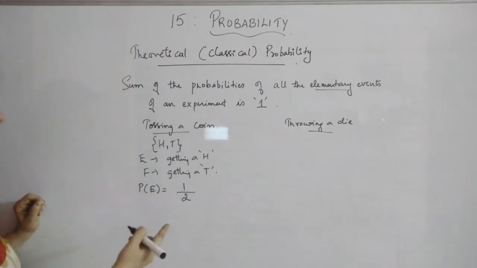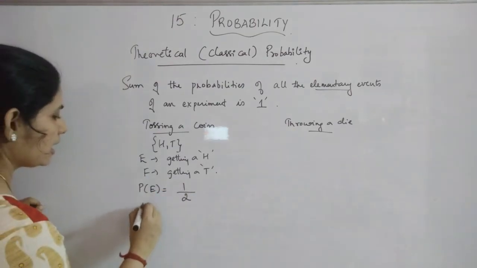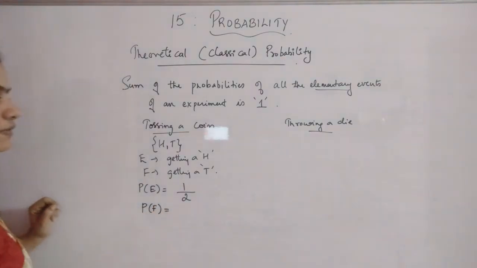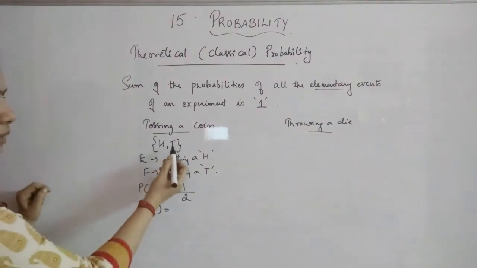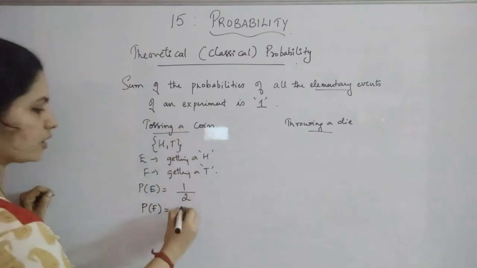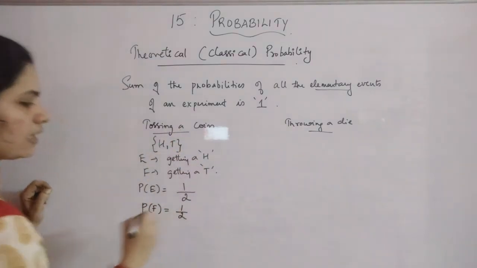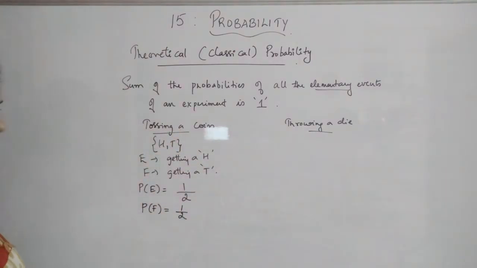That is, the probability of getting a head is 1 by 2. Again P of F, which is the probability of getting a tail, will be 1 in total, and total you have 2 outcomes, so it is 1 by 2 again.